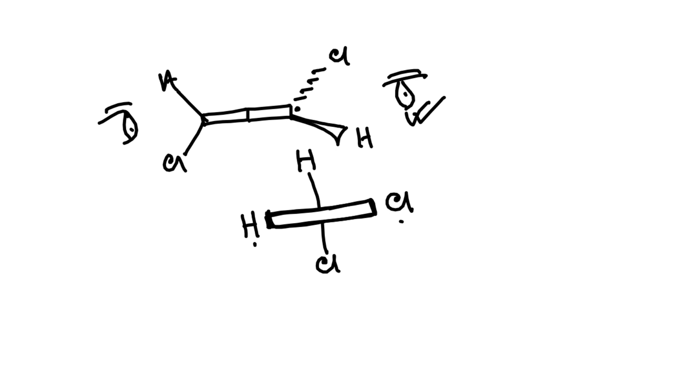So the atom with higher atomic weight will get priority, so it will be A, this will be B. For the same reason, this will be C and this will be D. And here there is no such thing as whether it is away from us or towards us. Always clockwise means R, anti-clockwise means S. So now this A, B, C is anti-clockwise, and this is S. So this is very simple for allene.